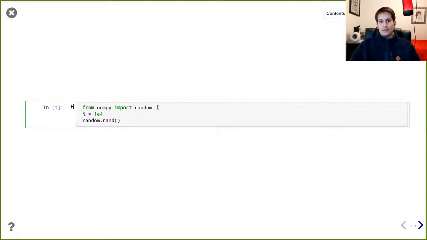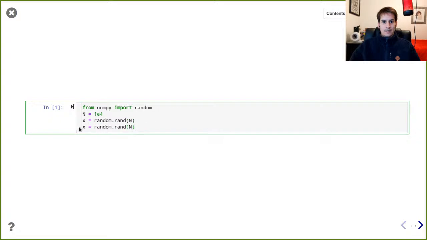So let's say we want this amount of points. So these are the points. Let's put this as x and do it again and put it as y.